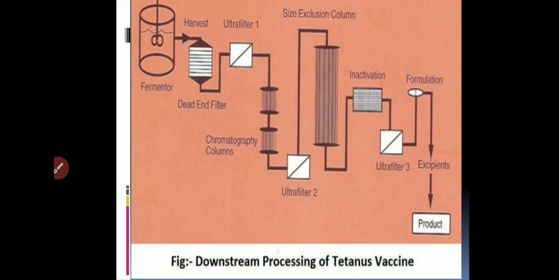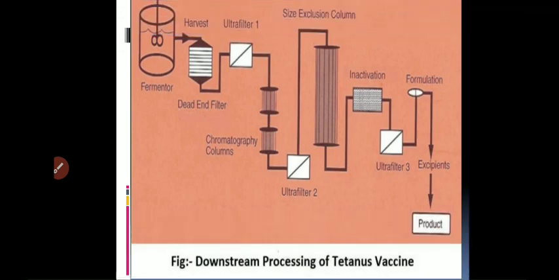Further again, ultrafiltration is carried out for the removal of formaldehyde. Then proper formulation is done by adding adjuvants, stabilizers and preservatives, and then our product is ready. So this is actual production process of tetanus vaccine. Here we have completed with our production of tetanus vaccine. Thank you.